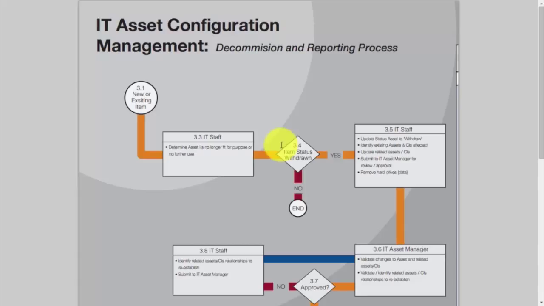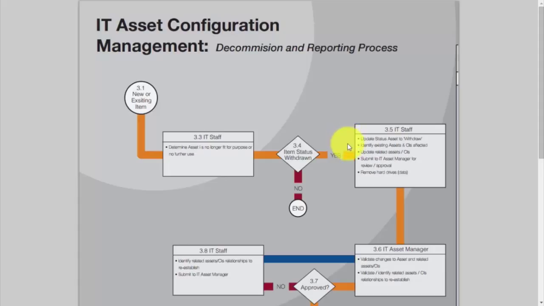We're not decommissioning it. If it is withdrawn, then the IT staff would be responsible for making sure that the status of the asset is updated to withdrawn, okay, for the record that exists in the configuration management database.